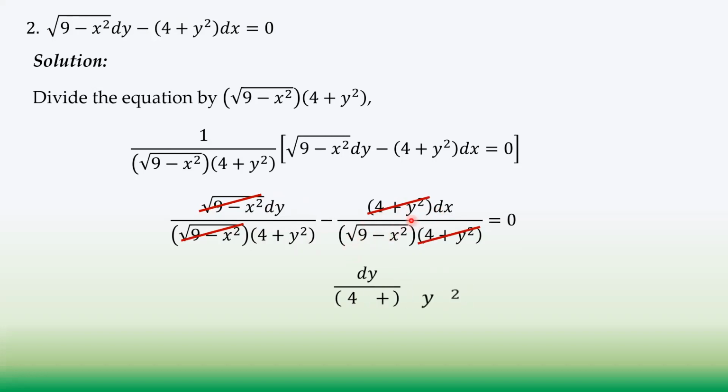Simplify natin. So we will have dy over 4 plus y squared minus dx over square root of 9 minus x squared. So meron tayong ngayong function of y na lang kasama ng dy, saka function of x, kasama ng dx. So na-separate na natin ngayon yung variables.